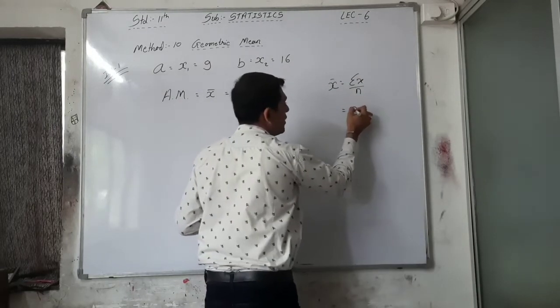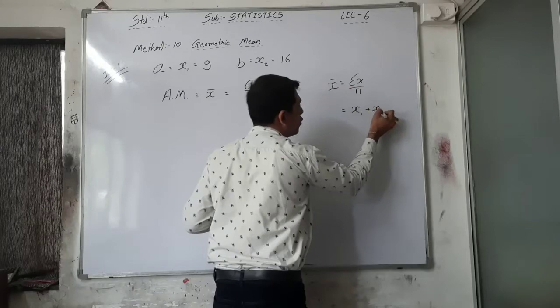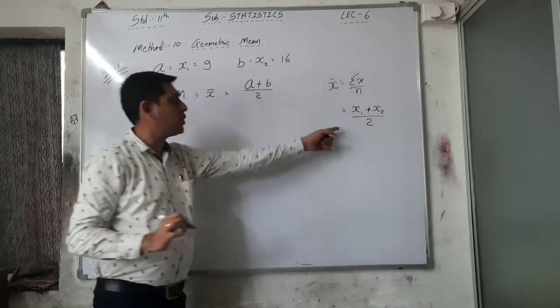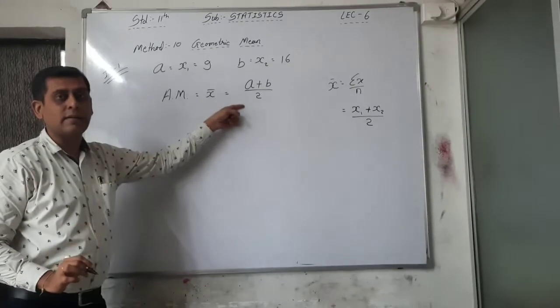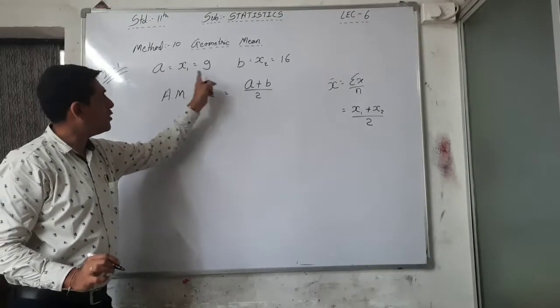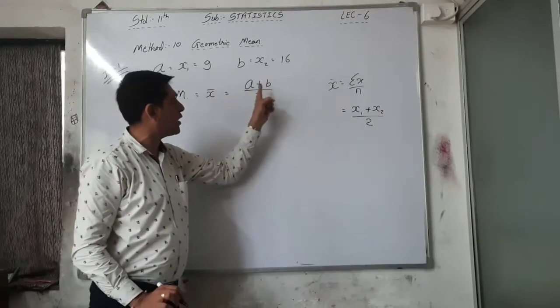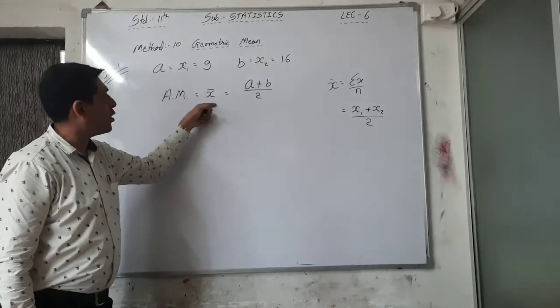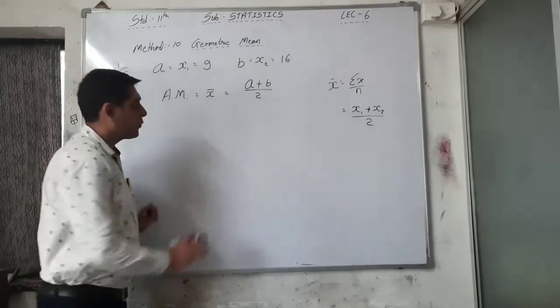Here the x values are x1 and x2, so only two observations are there. A is your first observation, B is your second observation, divided by 2. That's why the arithmetic mean x bar is equal to this, right?